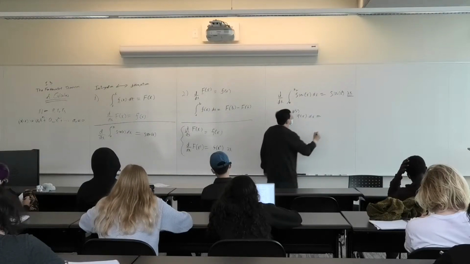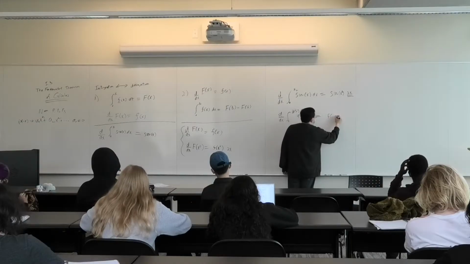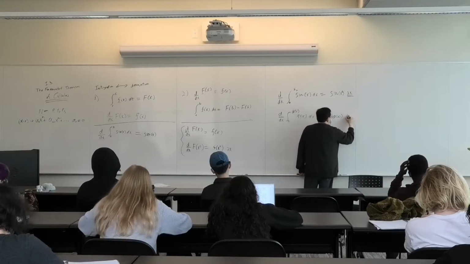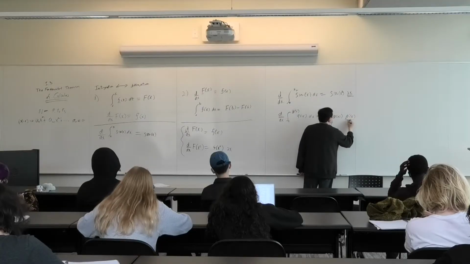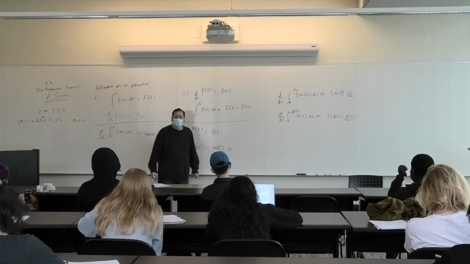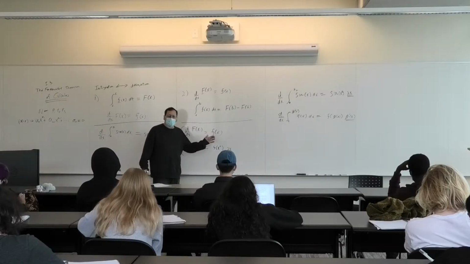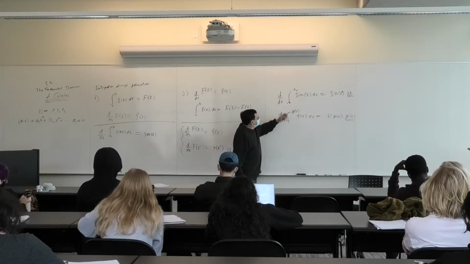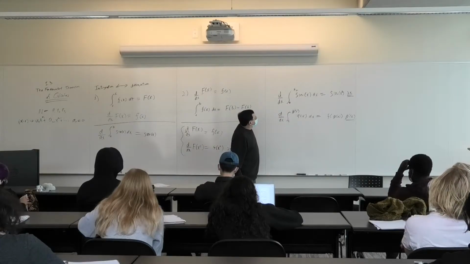This is f of g of x times g prime of x. Again, that's just that component that the chain rule gives you. So it's good to know this if you're given a question like this. What's the derivative of this function here?